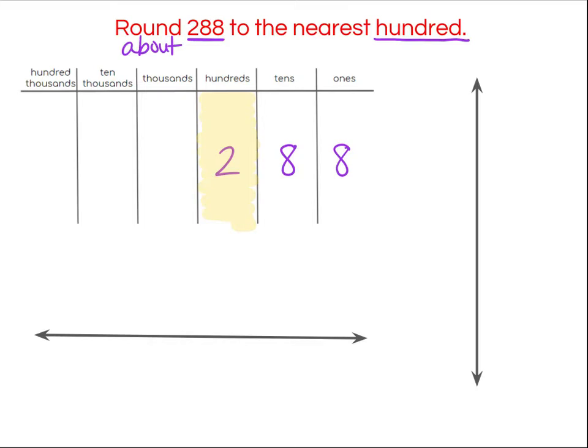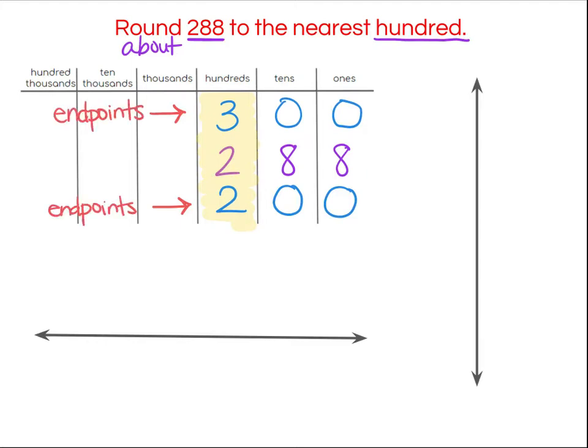The closest hundreds below 288 would be 200. And the closest hundreds above 288 would be 300. That makes the 100 lower than 288 and the 100 higher than 288 endpoints.